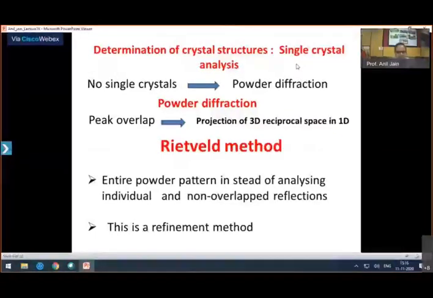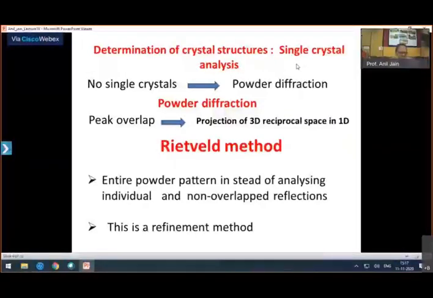While doing powder diffraction, you have projected this 3-dimensional reciprocal space into 1 dimension. So you have lost the information about the individual Bragg spots, and you cannot precisely determine the intensity of each individual reflection to determine the crystal structure.